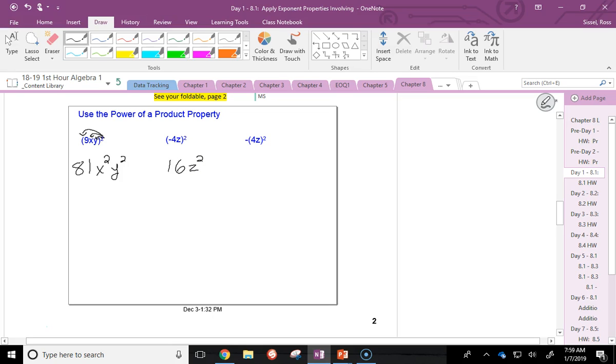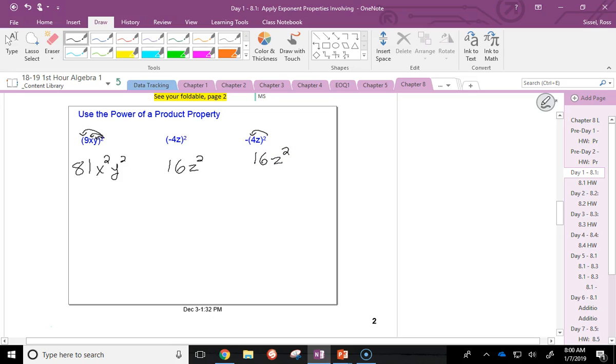Last one might be tricky. What looks different on this one before we start it? Just to make sure you guys don't make a mistake. Maddie? The negative before the 4. So the negative's outside the parentheses though, right? Make sure you pay attention. Because the negative sign's outside the parentheses, it's saying, what is the opposite of 4 times z squared? So I first solved 4z squared, which is 16z squared.